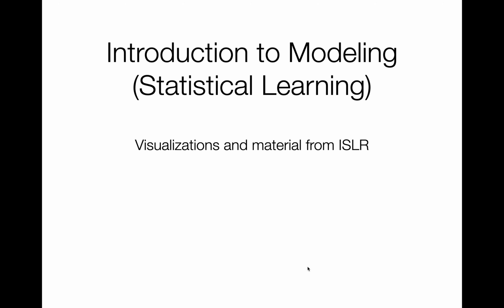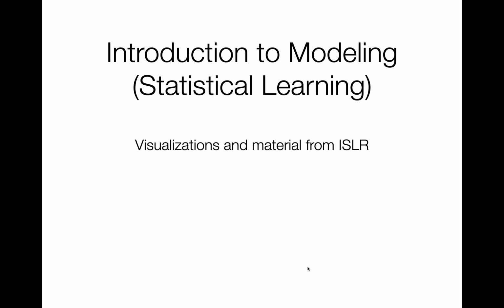So we're going to switch our book focus to a book called ISLR, which is a really popular book for upper level statistics courses in statistical learning. It stands for An Introduction to Statistical Learning with R, so it meets our course perfectly.